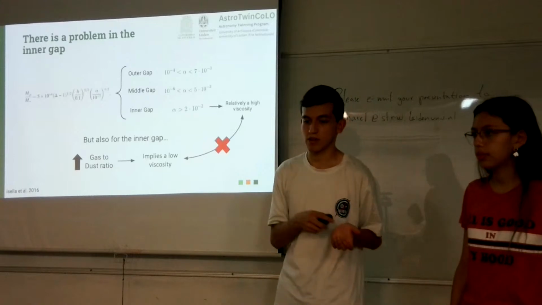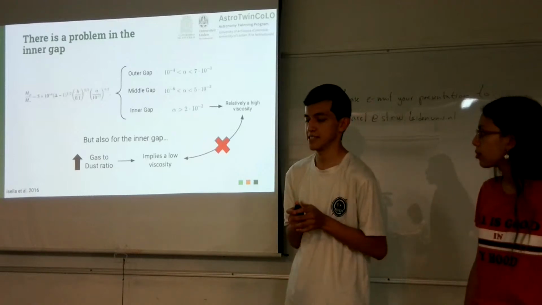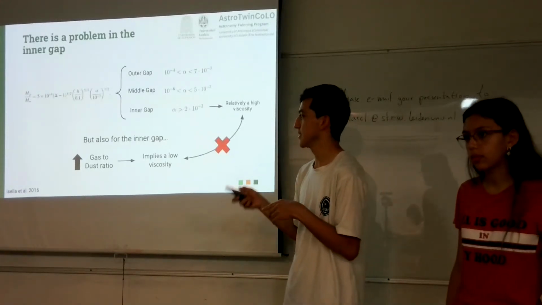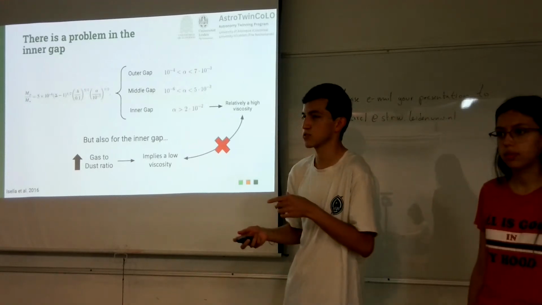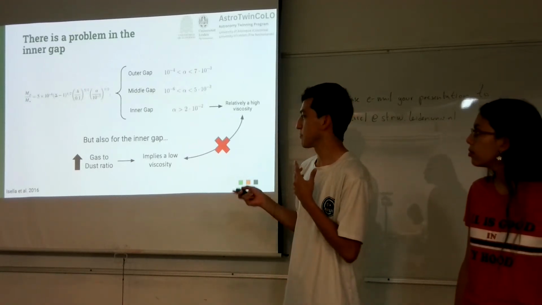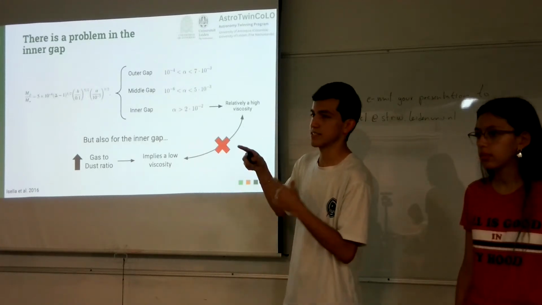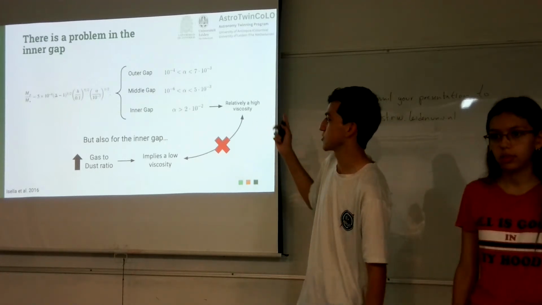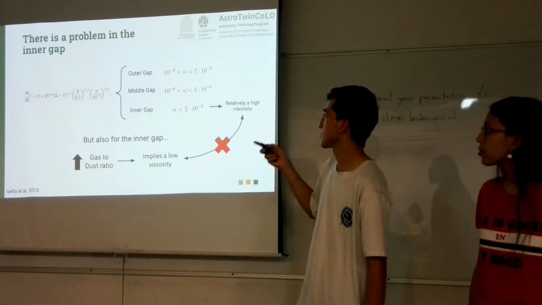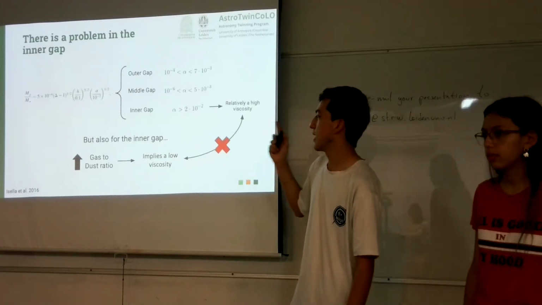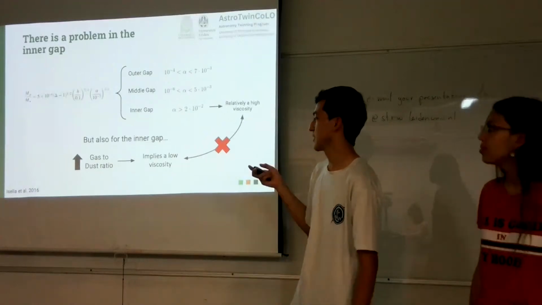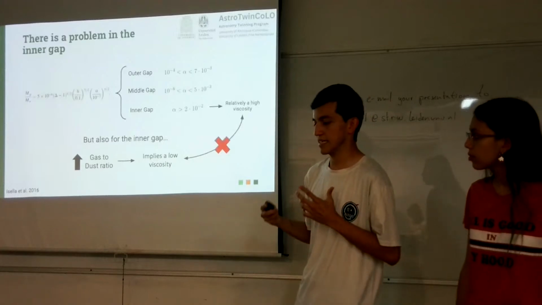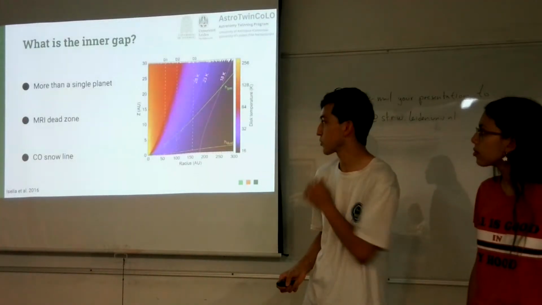But as my partner explained, in the inner gap there is no CO depletion. It means that at this point they have a higher gas-to-dust ratio that implies a low viscosity parameter, that is the alpha parameter, and there is a contradiction between these two results. The equation shows a high viscosity parameter, but the observations imply a low viscosity parameter. Then they try to resolve this problem.